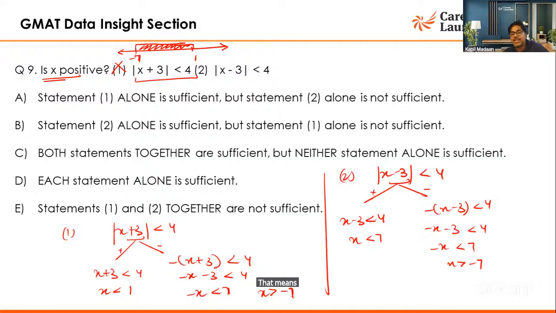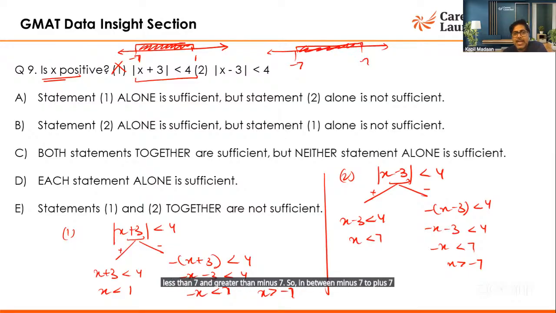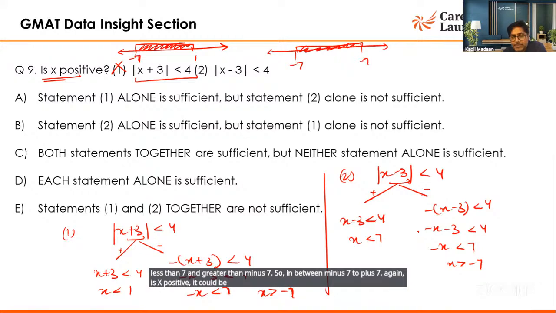So x is less than 7 and greater than minus 7 on the number line. So in between minus 7 and plus 7, again, is x positive? It could be, it could not be.